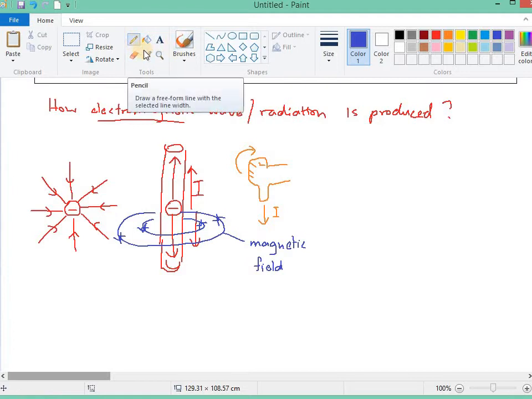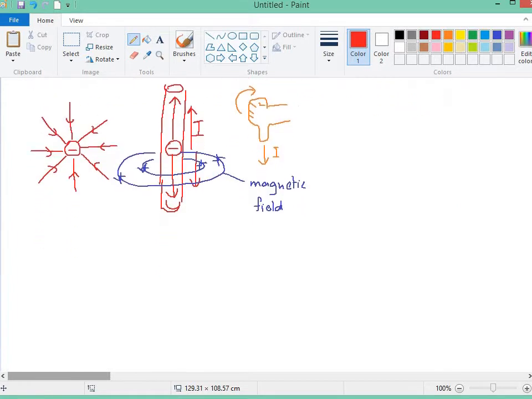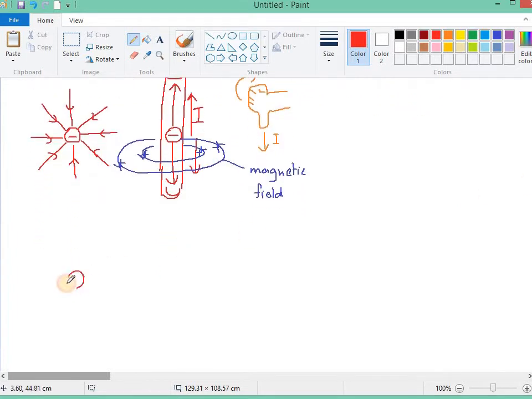Now, what happens if this electron oscillate up and down? Going up, going down, up, down, oscillate.